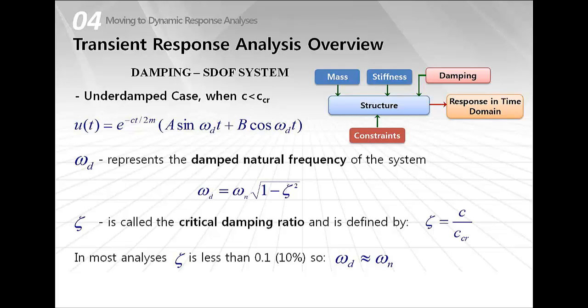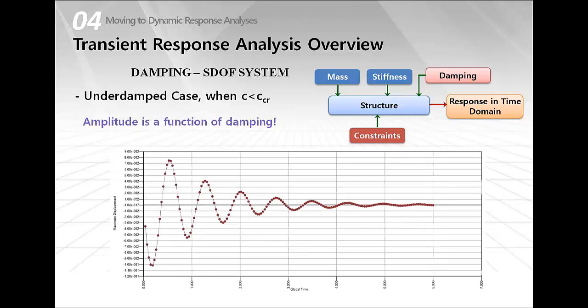Rubber structures have a ratio from 5 to 10. Metallic bolted structures 3 to 6. But anything over 10% is reaching the limits of linear analysis. Now you see the underdamped case graph, and in this kind of response, amplitude is a function of damping, so you have to remember that.